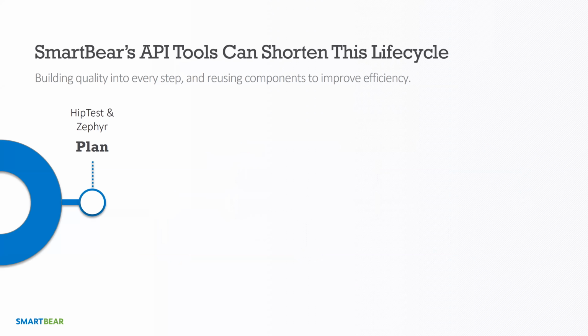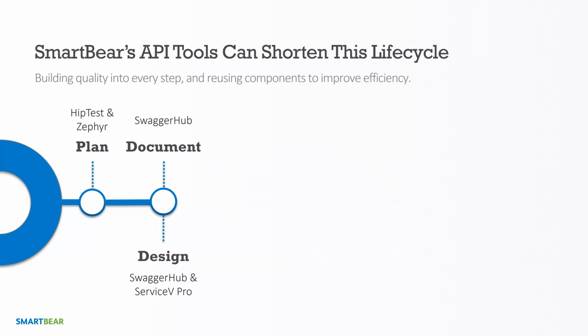The SmartBear toolset is really trying to shorten this lifecycle. So in our planning phase, we have our HipTest and Zephyr, but this is our first position of doing two things at once and working in parallel. We have Swagger Hub, which will allow us to design our API, and at the same time, we can document. So that Swagger spec, that OAS spec, is going to help us do both at one time and shorten up our lifecycle.